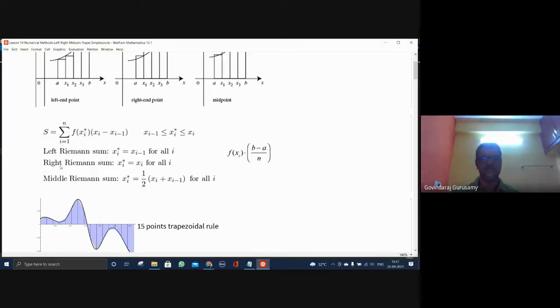We have discussed this left hand part, and you can convert it into the right hand by using this initial value, and the middle as well. So what I suggest is that what I have given in the exercise here is a left Riemann sum. You convert that same program into the right Riemann sum and the middle Riemann sum by making this change, replacing the initial value for this function with the xi star.